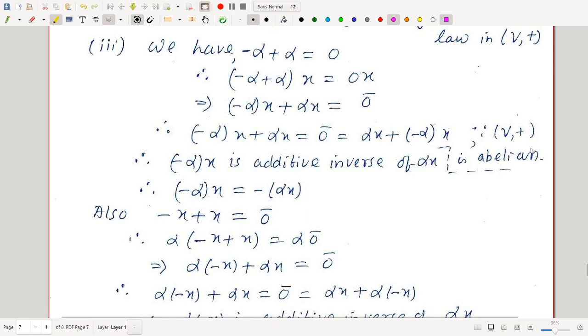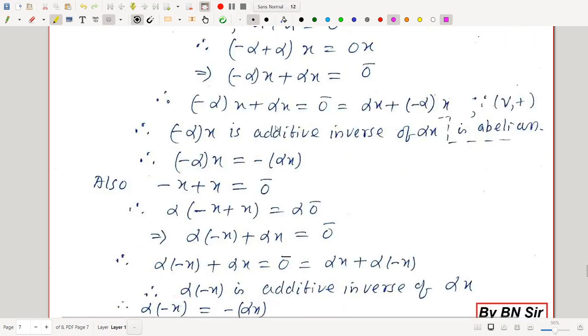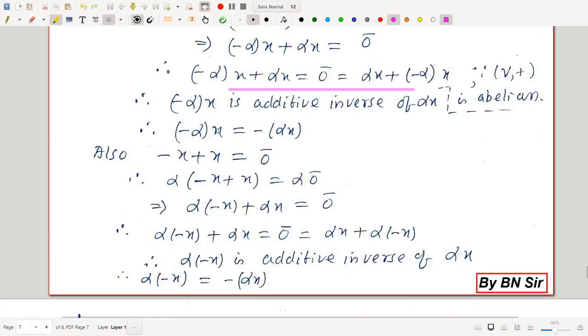Because V plus is an abelian group, so minus alpha x can be taken to the right side also: a plus b equals b plus a, commutative. And if this is true, then minus alpha x is called the additive inverse of alpha x.